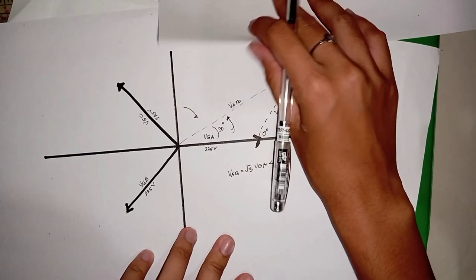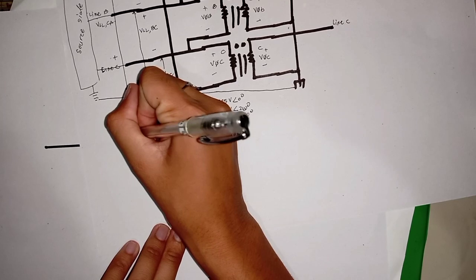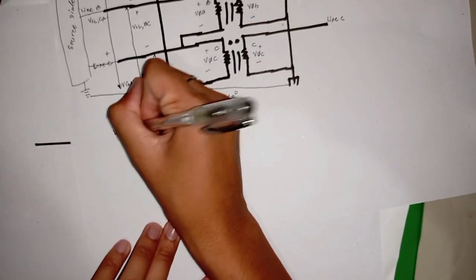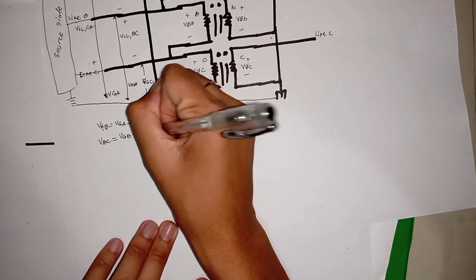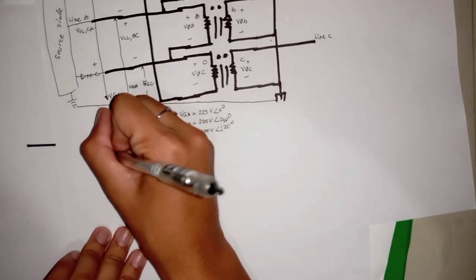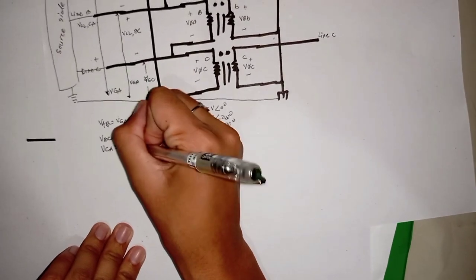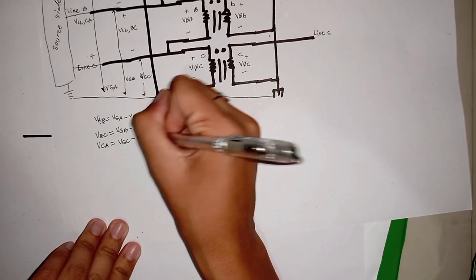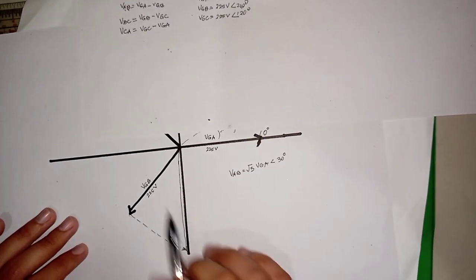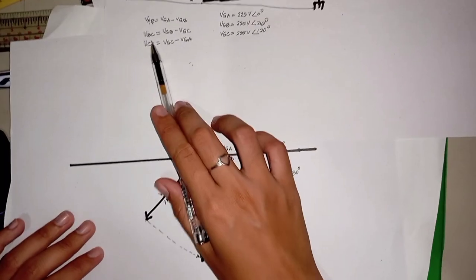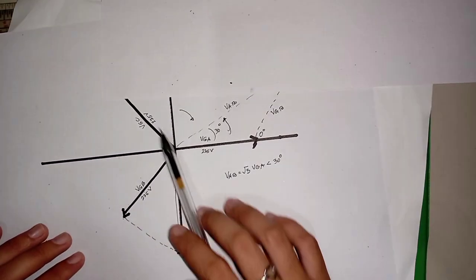Similarly, we get the equation for VBC. VBC equals VGB minus VGC, and also our VCA is equal to VGC minus VGA. So here is our VGB. To find the VBC, we need to look at our VGC.